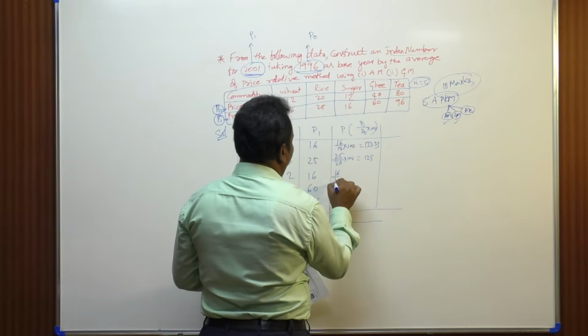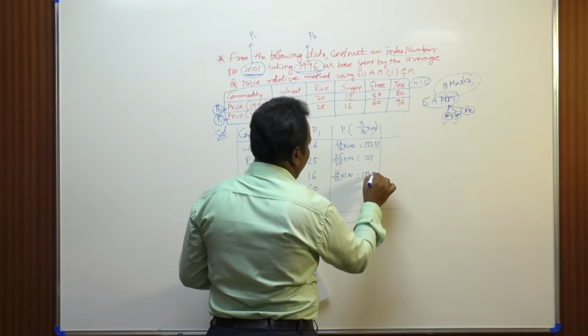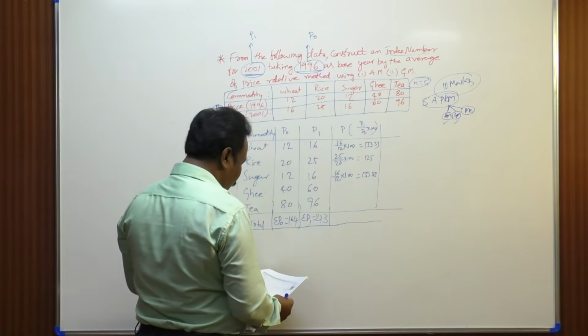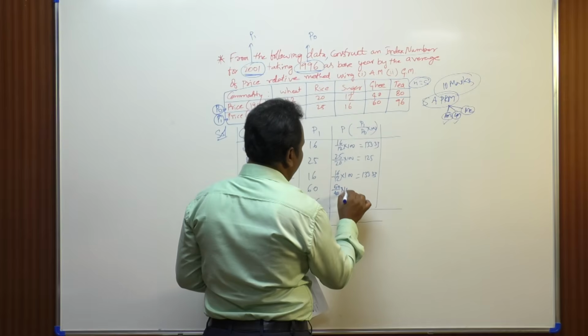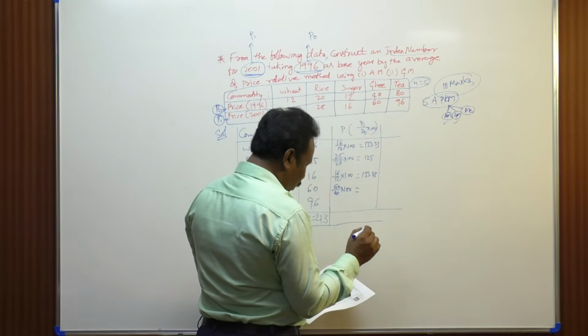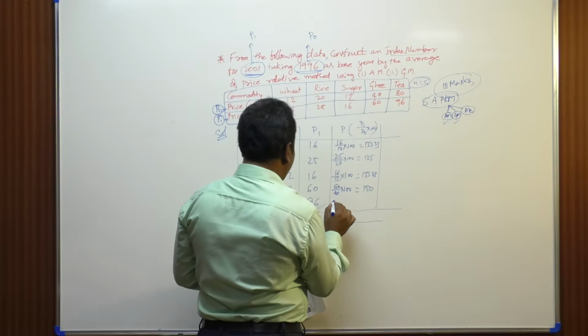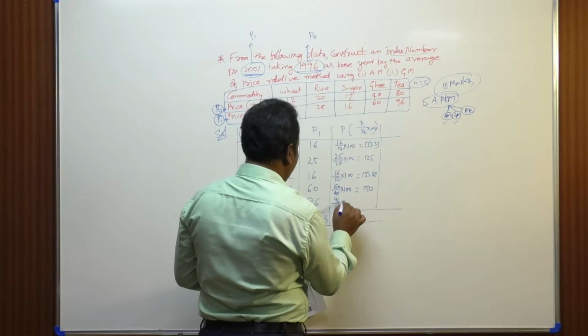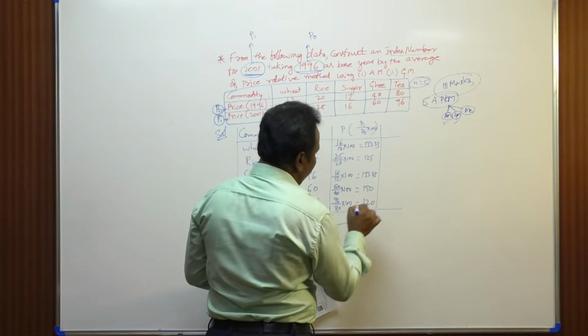Then 16 divided by 12 into 100 is 133.33. Then 60 divided by 40 into 100 is 150. Now the last, tea: 96 is the present value, the base value is 80, into 100, that is 120.